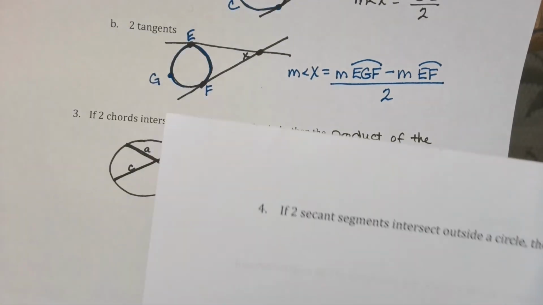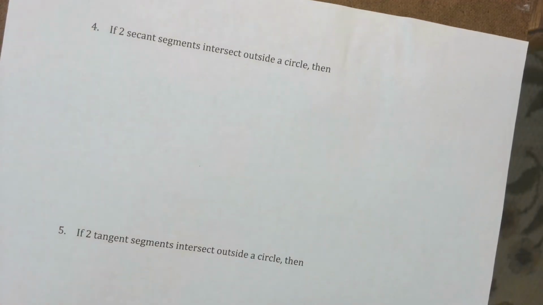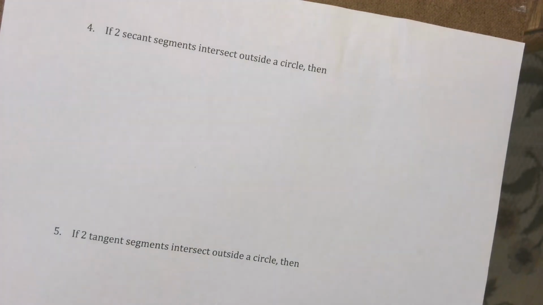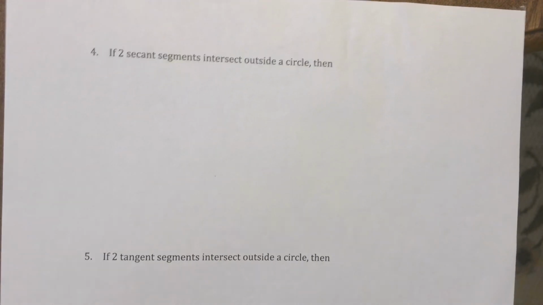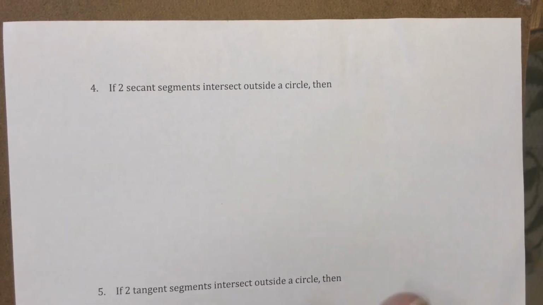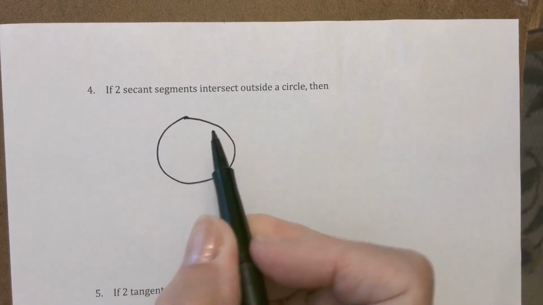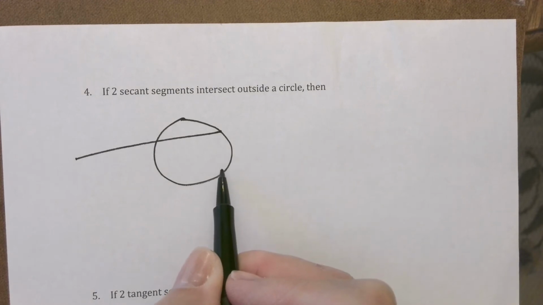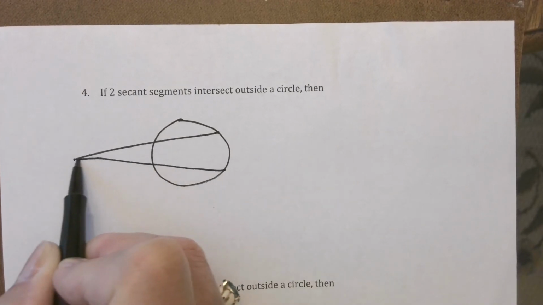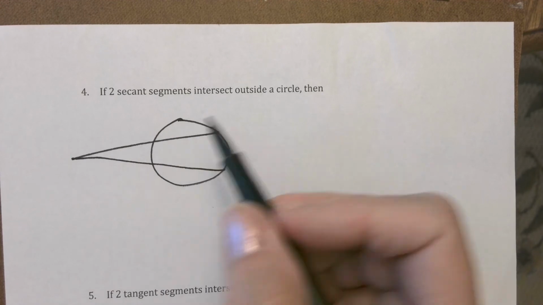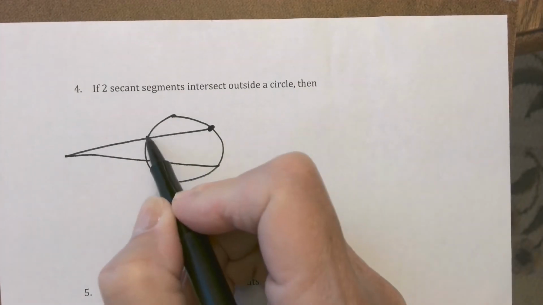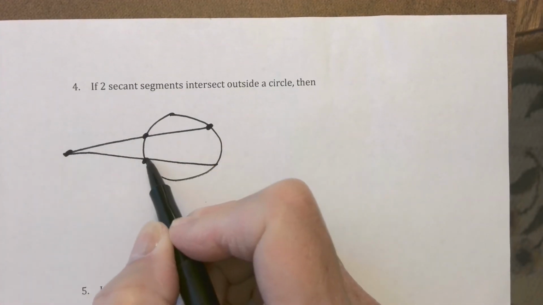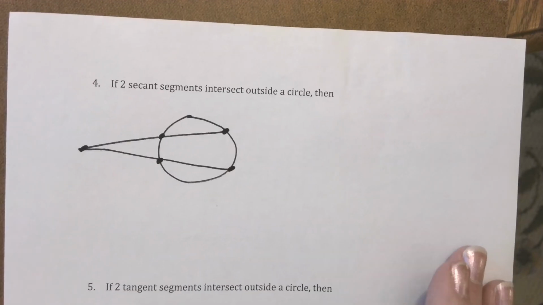Okay, moving on to number 4. This one says, if 2 secant segments intersect outside a circle. Let's get a picture again. They may continue out this way, I'm just not having them continue, and they may go past this point. Everything doesn't always look the same, so getting a little variation in the sketches might be helpful.